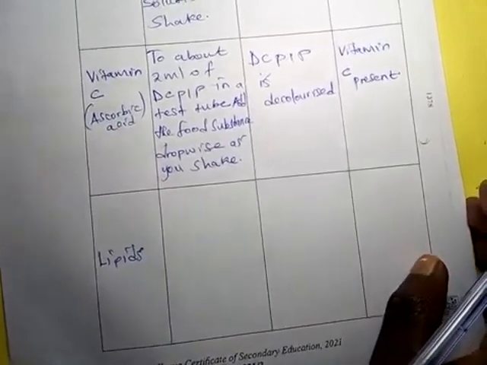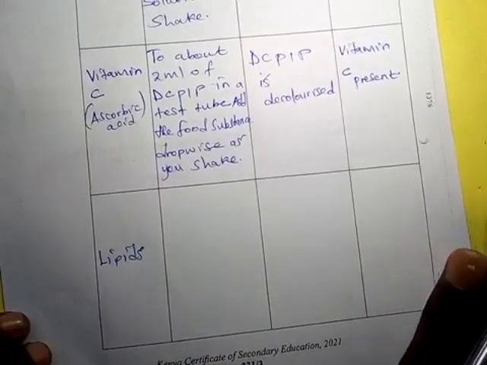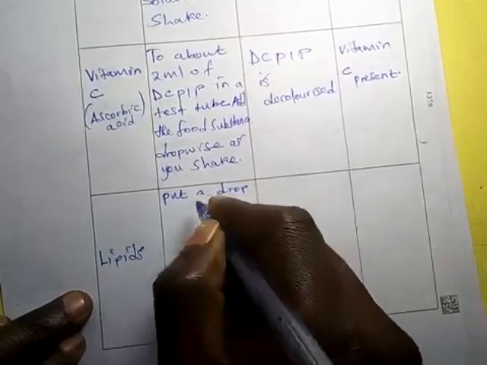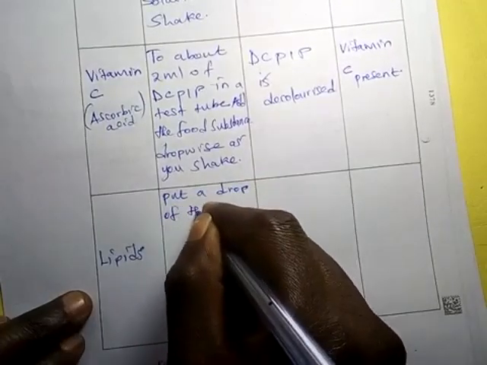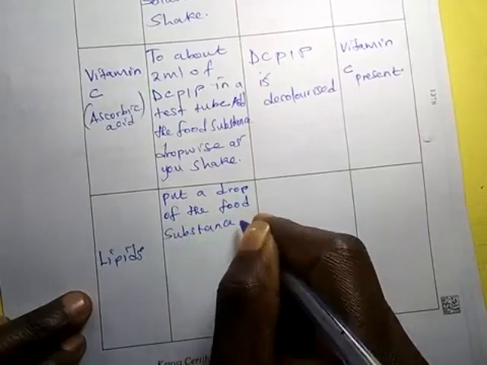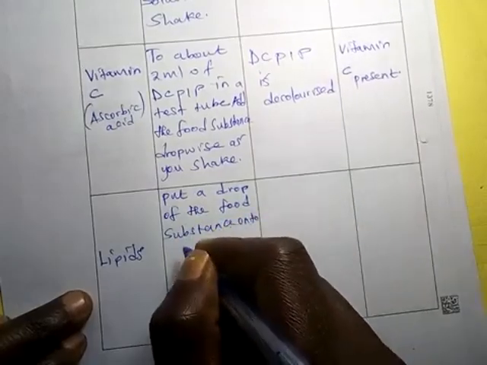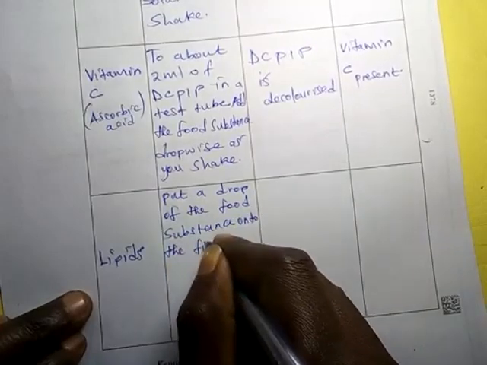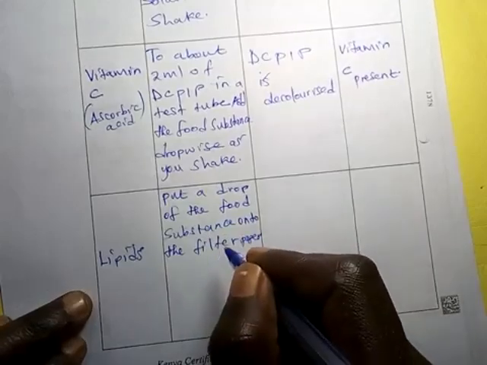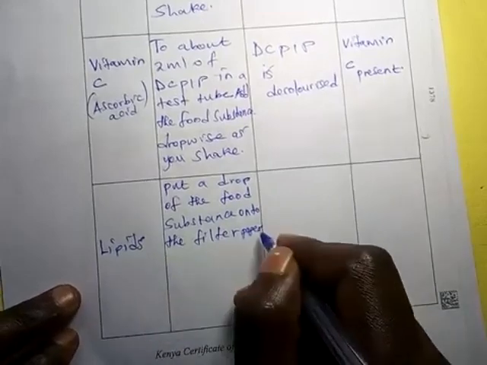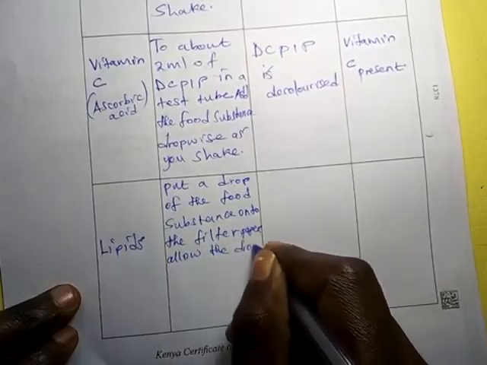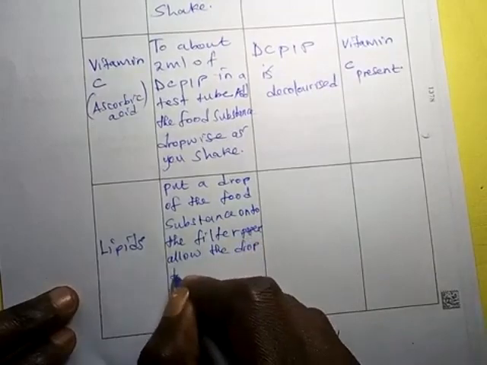Now the procedure will be: put a drop of the food substance onto the filter paper. Allow the drop to dry on the filter paper.